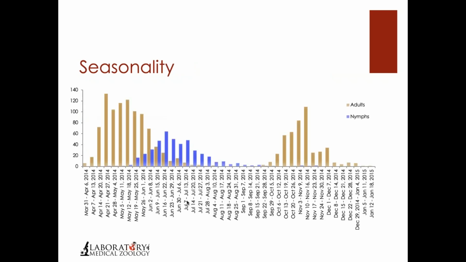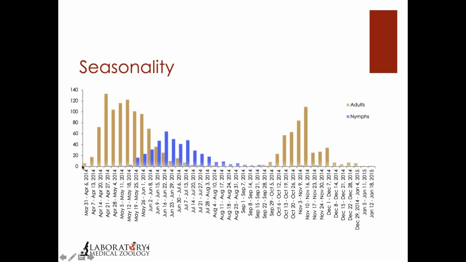There's seasonality to the transmission of Lyme, as there's seasonality to transmission of most diseases, tick-borne or otherwise. This is a diagram showing the submission of ticks to the Laboratory of Medical Zoology, to Tick Report, in the period of early spring 2014 through the midwinter of 2015.